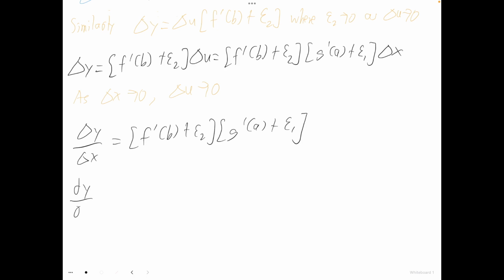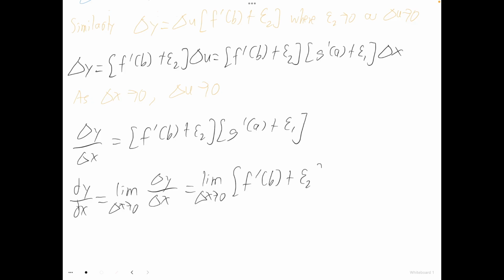So dy over dx equals the limit as delta x goes to 0 of delta y over delta x, which equals the limit as delta x goes to 0 of f prime of b plus epsilon 2 times g prime of a plus epsilon 1.